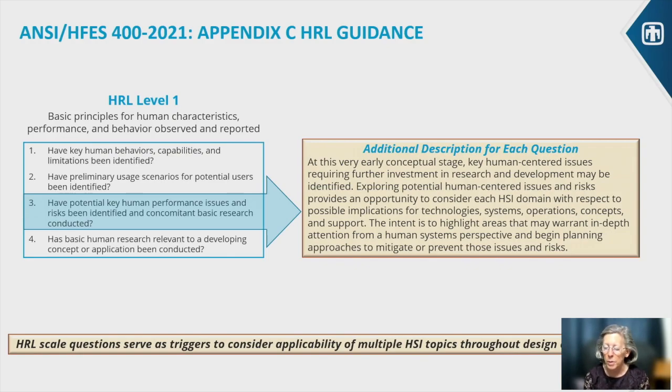Did you think about maintenance and sustainment? Did you think about safety? They are those sorts of questions that trigger, oh yeah, I forgot about that. We need to go back and look at that before we can move to the next level. And again, it's because as human systems experts, we specialize in a particular area and sometimes forget about all of the things that we should be looking at. So they're there really as reminders.